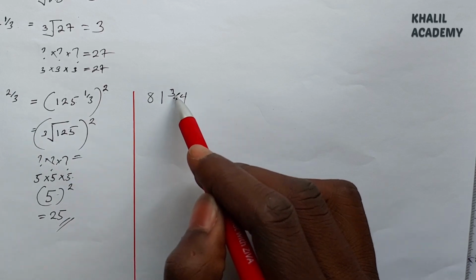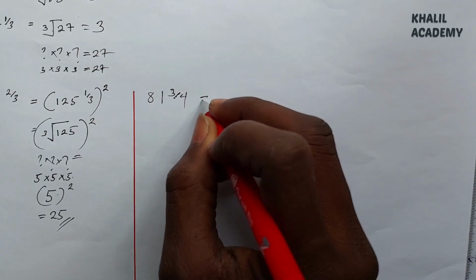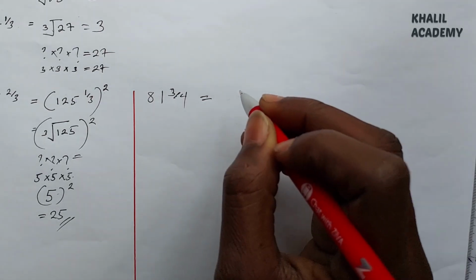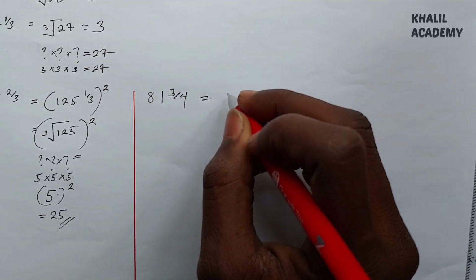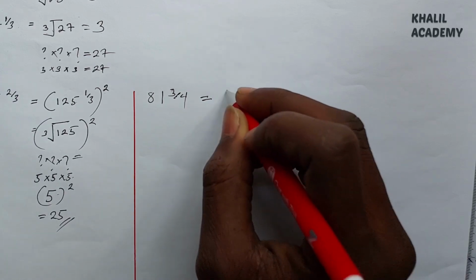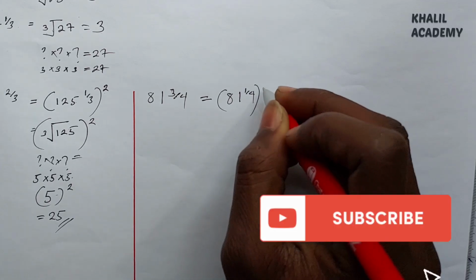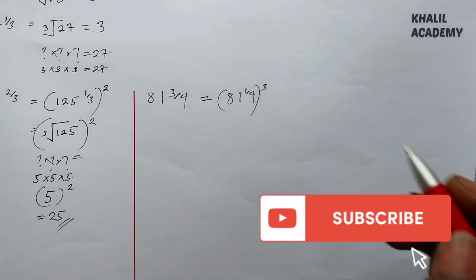We have to factorize the power. So it will be equal to 81 raised to the power of 1 over 4, with the numerator power outside the bracket.